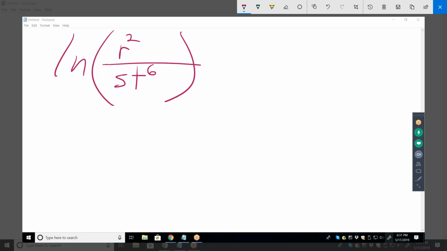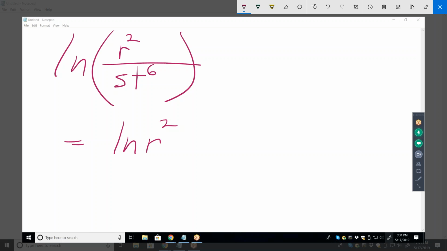Okay, let's chop it apart, one step at a time. What's the first step? Hold on. We're just going to do one step at a time. What's the next term? It's plus or minus.